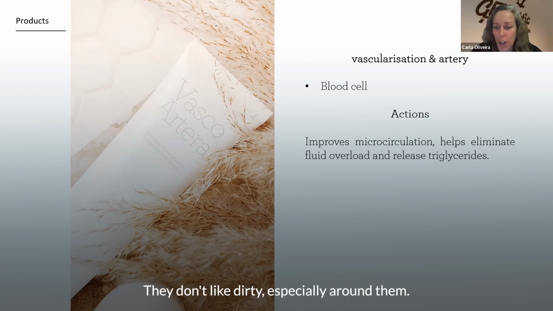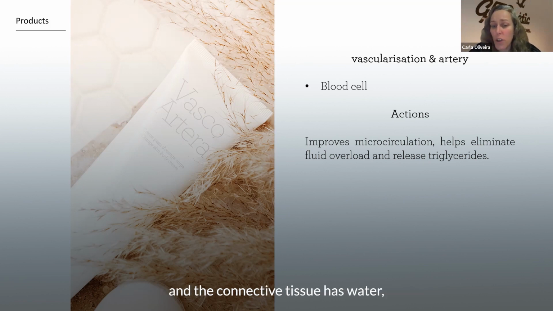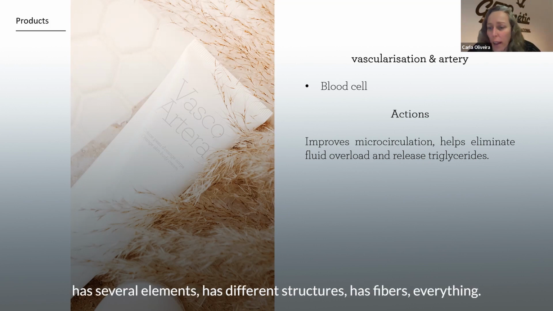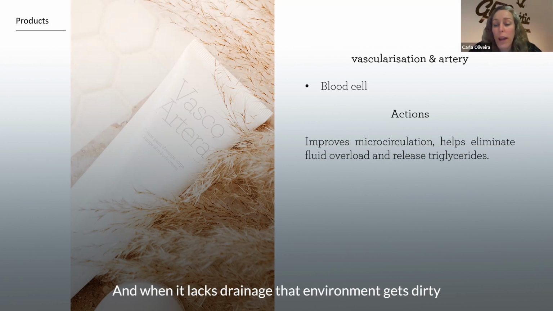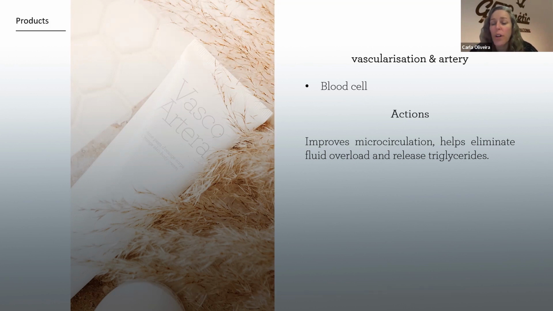They don't like dirt, especially around them. So we have the connective tissue and all the cells there. And the connective tissue has water, has several elements, has different structures, has fibers, everything. And when it lacks drainage, that environment gets dirty because the cells put there all the metabolic result of their work, and so they need that to be drained.